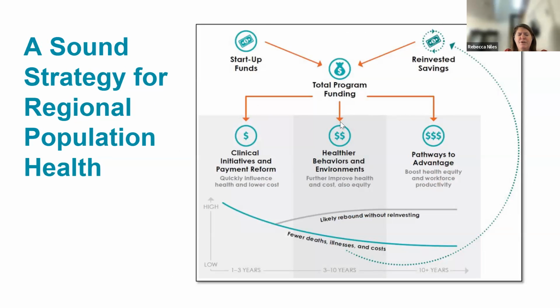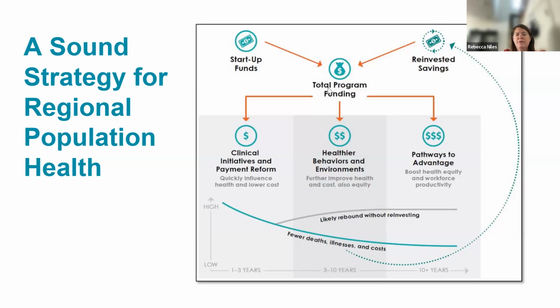Then you invest that further in programs to do more of the cost savings, but also to invest in healthier behaviors and the environment and other things that are more upstream, preventative, social determinants of health. And then you save even more money and you get these broader benefits beyond just health. And then you save more.